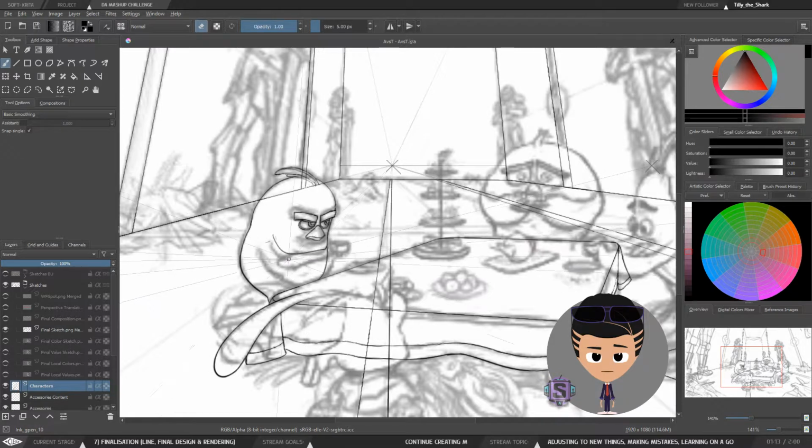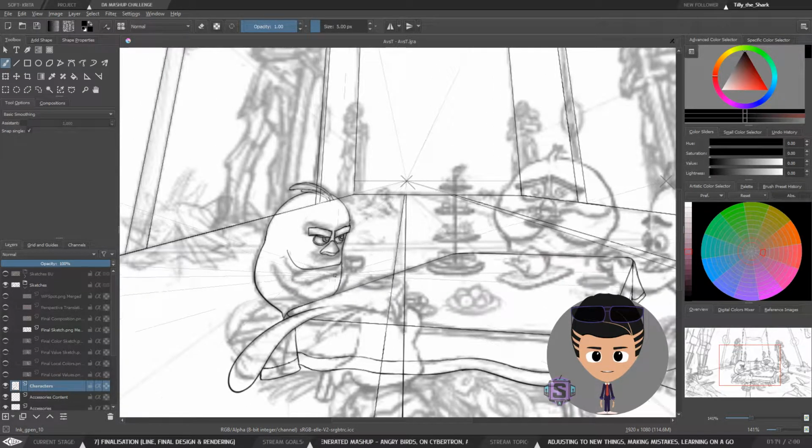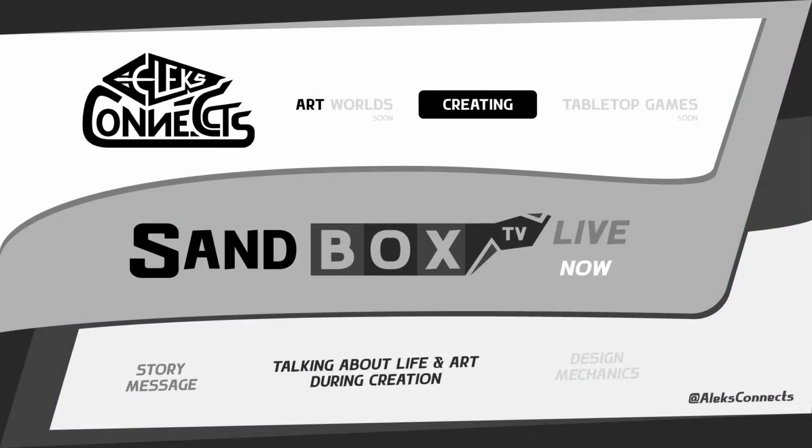I will probably make better gestures for the wings by cross hatching them like this, and slightly change things, so it's not going to be just a straight line or something like in here. So yeah, after a quick break, we will be back and we will continue to create this thing. So, break.